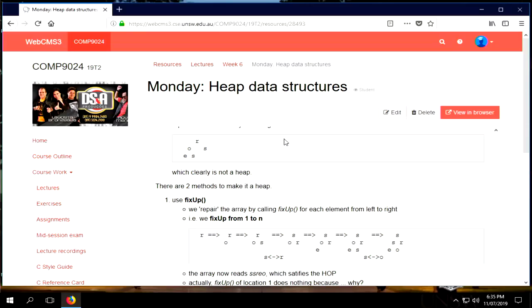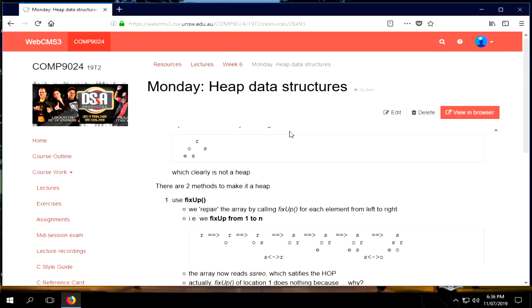My array is SOR. Then I add the E. That's fine. Then I add the next S, which is not fine because it's hanging under O. Parent is smaller, so it has to be swapped with that O. So S and O get swapped, and then I've got S in position number 2 and S in position number 1, but that's fine.